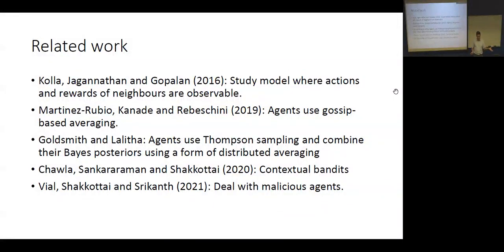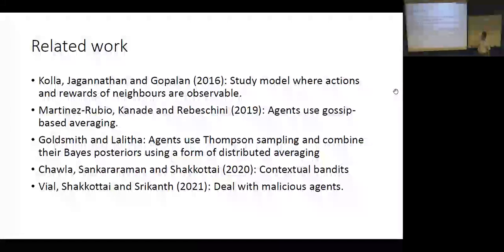And you can use that information as well to make decisions. In the same way, the identity of the best arm diffuses through the graph because the neighbors can see them and then pick them up, and so on. I've forgotten the details of this paper. I think here they maintain some estimate for all possible arms, and they use some gossip-based averaging of estimates between agents. So it's a bit more heavy communication-wise than in our model.